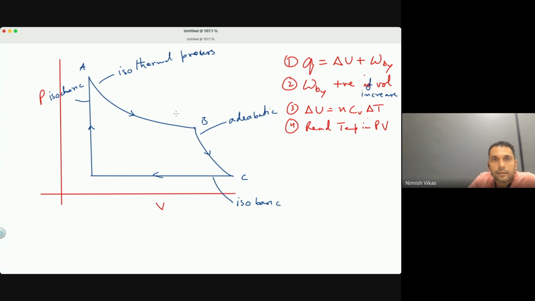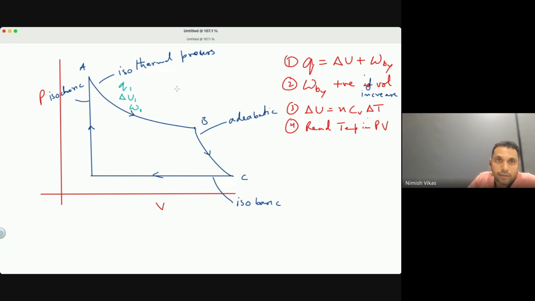Is that clear? Now the question is, in the first process, Q1 is the heat supplied, regular terms. Delta U1 is the change of internal energy, meaning rise of internal energy. And W1 is the work done by the gas.